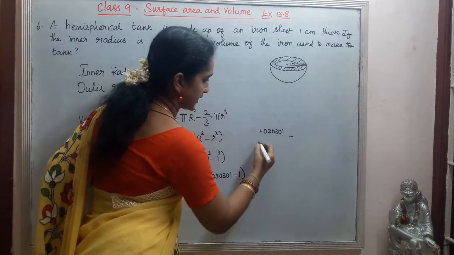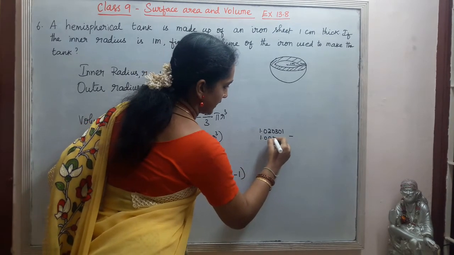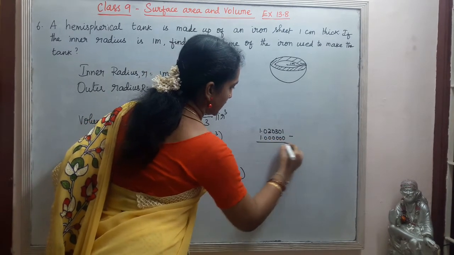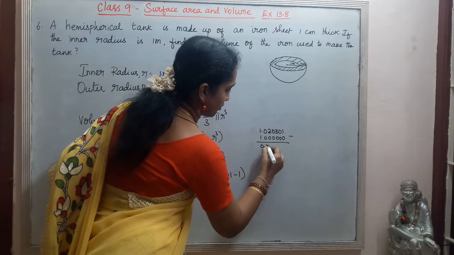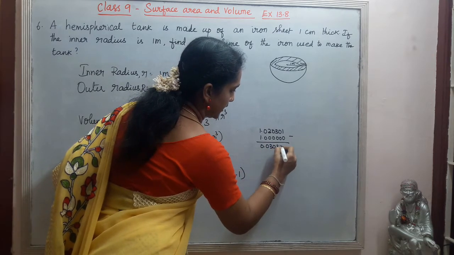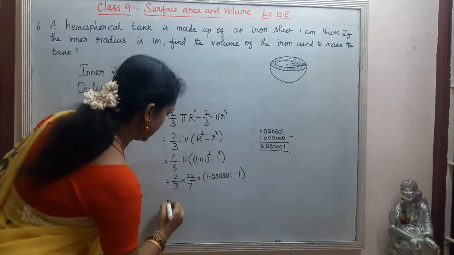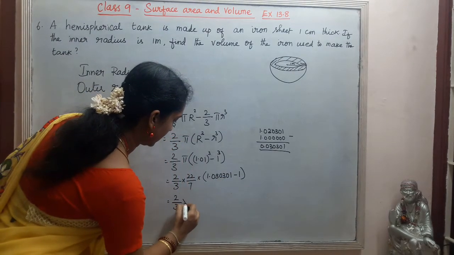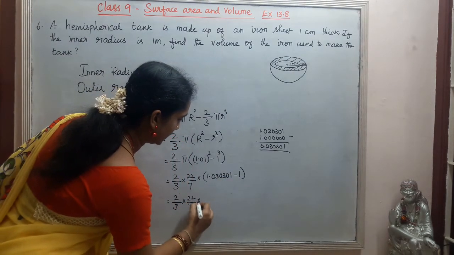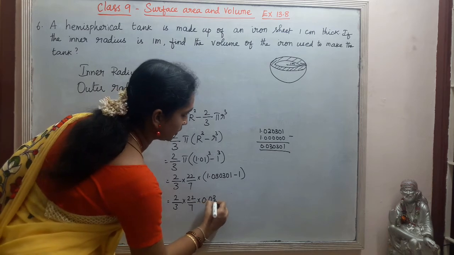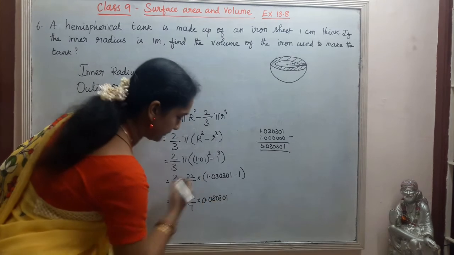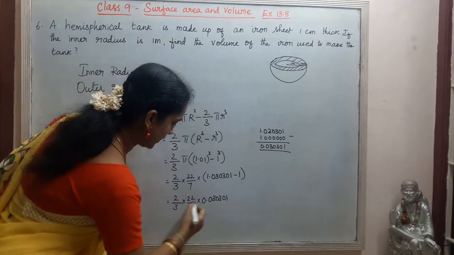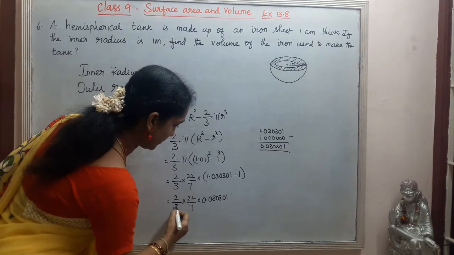When we subtract this, we'll get 0.030301. So this is equal to 2 by 3 into 22 by 7 into 0.030301.